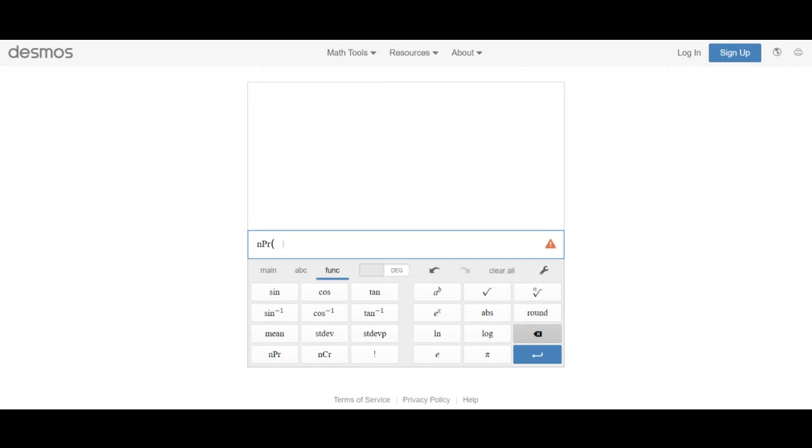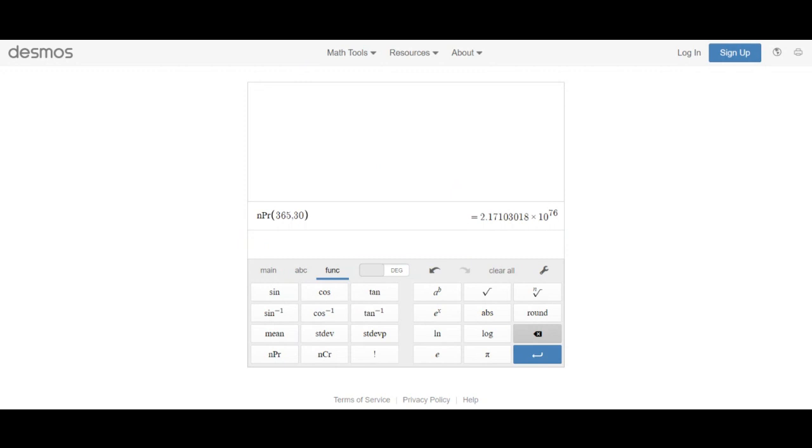This is the same as P of N, R, which is the notation they use in the book. I wasn't able to use that notation though, so that's why I'm using P of N comma R. From there, you can type 365, then a comma, then 30, and you can see the answer will be there. Or if you press enter, you got it here as well.